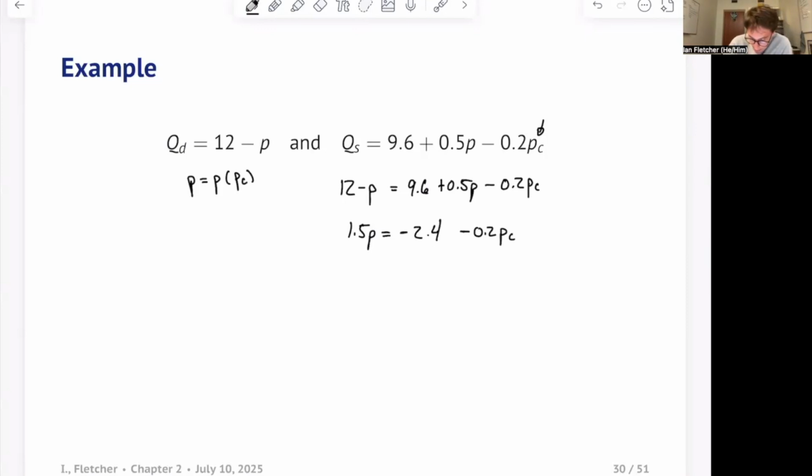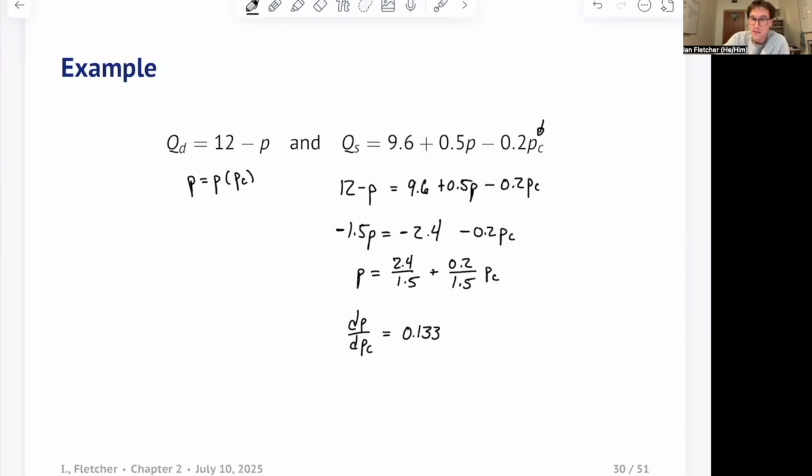And then if we divide everything by P, oh shoot, this should be a minus. We'll get positive 2.4 over 1.5 plus 0.2 over 1.5. Then we can say that dP/dPc should equal like 0.133.